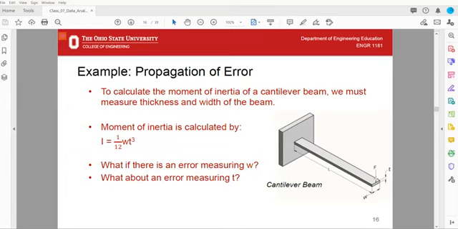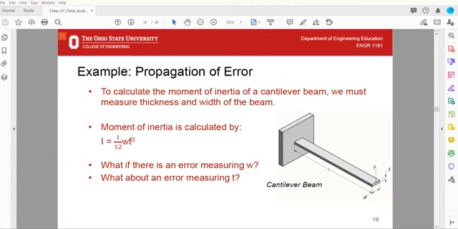If we are trying to measure the moment of inertia for this beam, which one do you think the moment of inertia, which is I, is more sensitive to? Is it the width or the thickness? Looking at that equation, if we have a 10% error in the width, it may cause maybe 10% error in the moment of inertia.